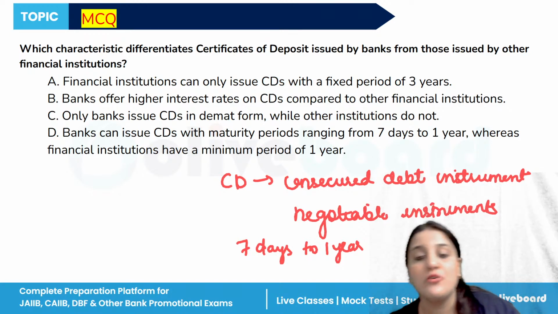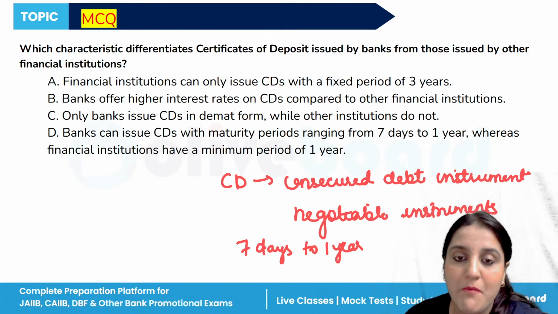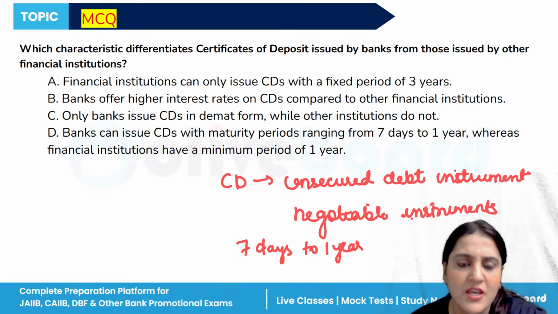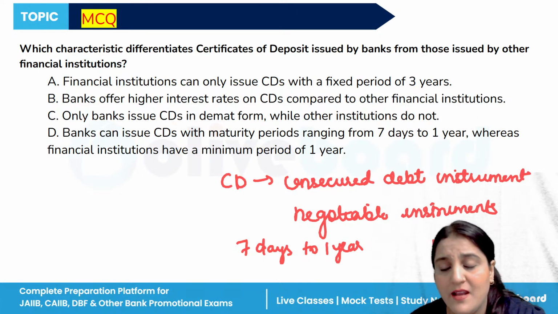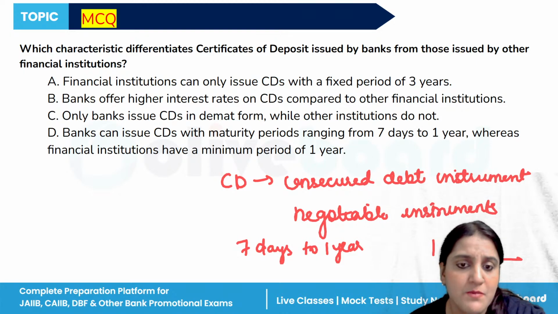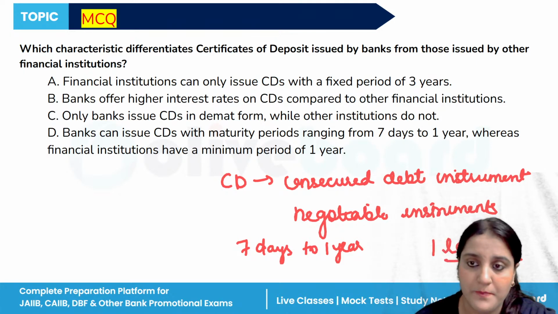And if we talk about the minimum amount of CD that can be issued by the institutions, it shall be rupees 1 lakh, and multiples of rupees 1 lakh thereof. CDs can be issued only in demat form.